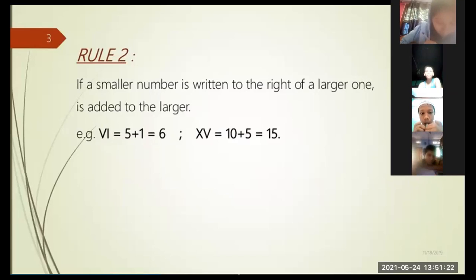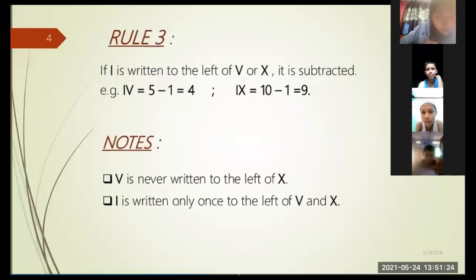Next, we'll move to our next slide, and here we'll get rule number 3. In rule number 3, you can see if I is written to the left of V or X. Again, I am repeating. Earlier we got, if any smaller number is written on the right side of the larger number, then we add.